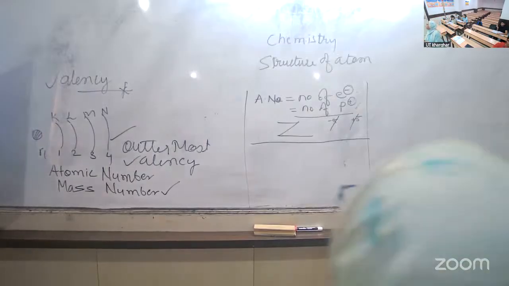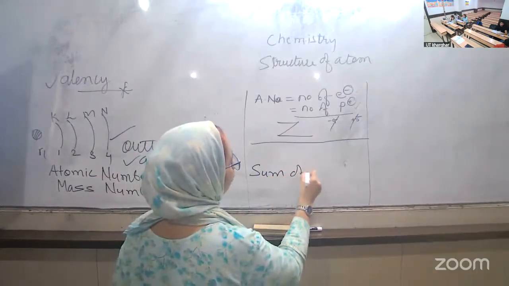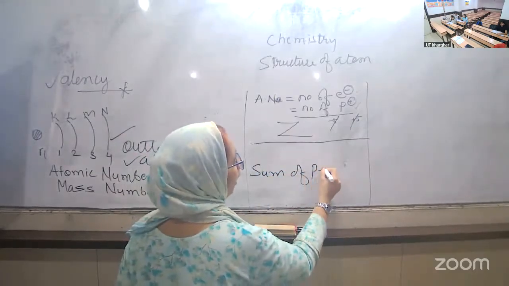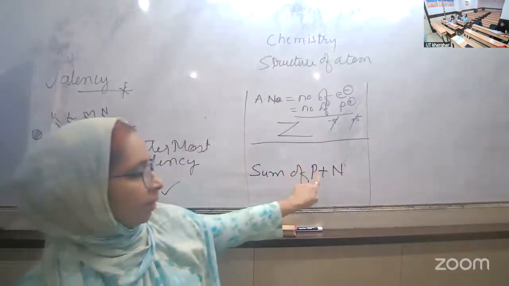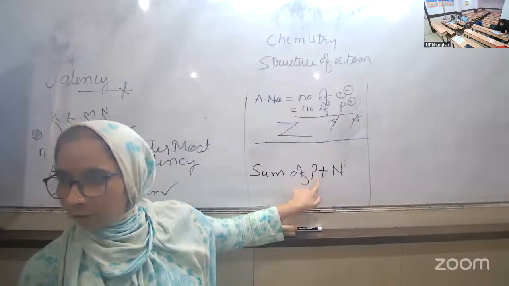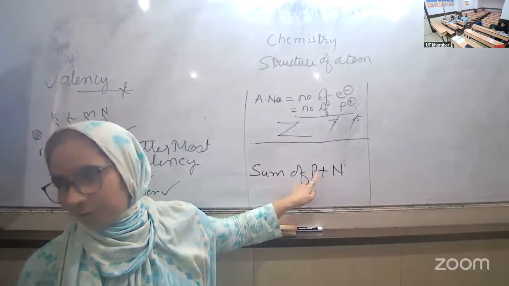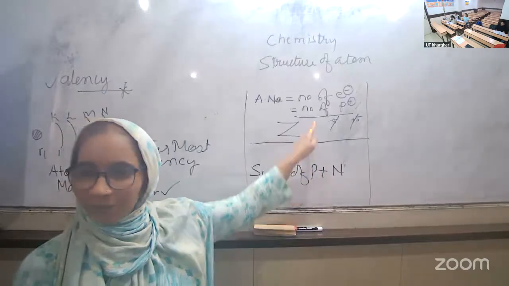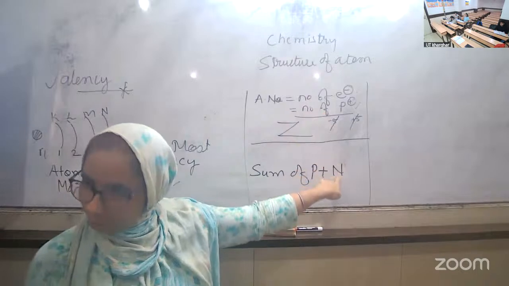Mass number, it is the sum of protons and neutrons. Where protons are present? हाँ. Here, पहले मेरा आंसर. Where proton is present? Nucleus. Where neutrons are present? Nucleus.